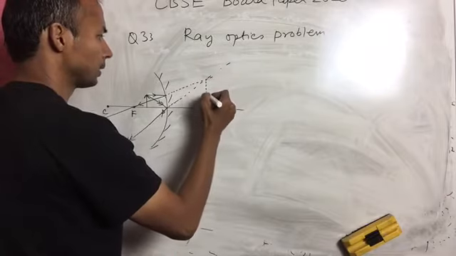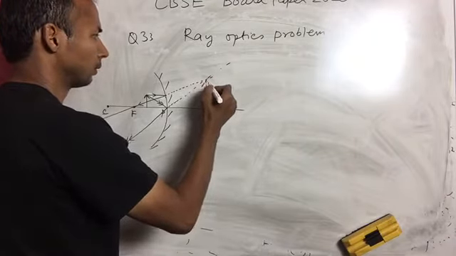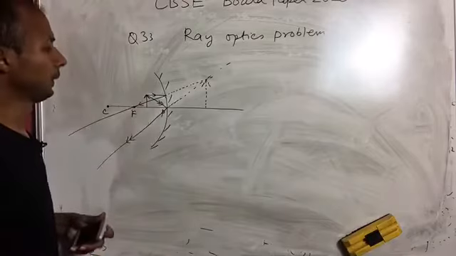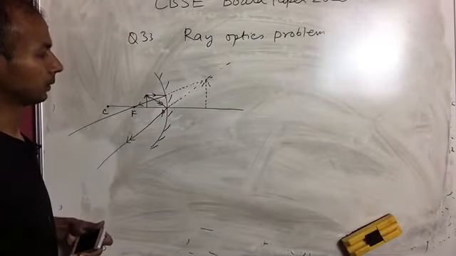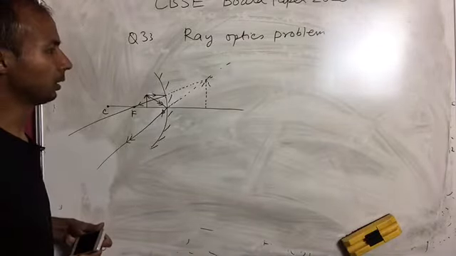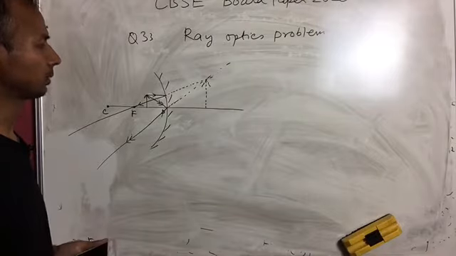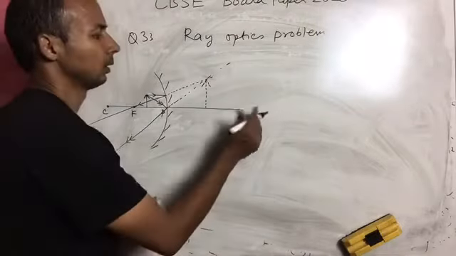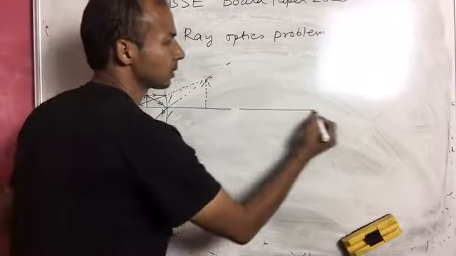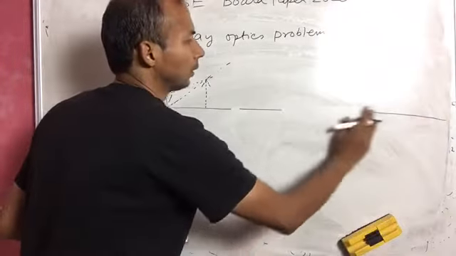Correct. So we can see that this is the virtual larger image. That is the one in which the image is 3 times the size of the object, but it is a virtual image. Now another diagram, when the image is 3 times the size of the object but it is a real image.